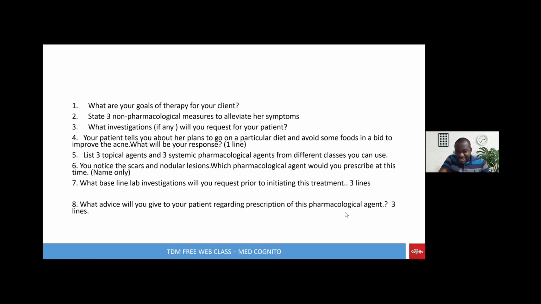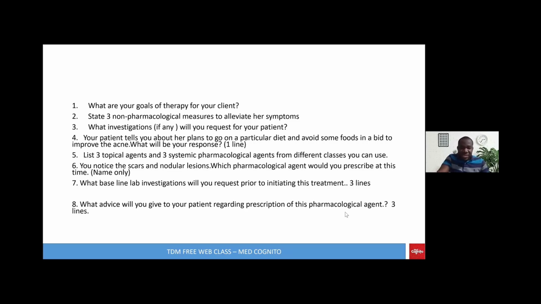There's no evidence. It's a myth. There's no strong evidence of diet and acne. The role of diet is uncertain. Right. Good contributions. Let's move on to question number 5.